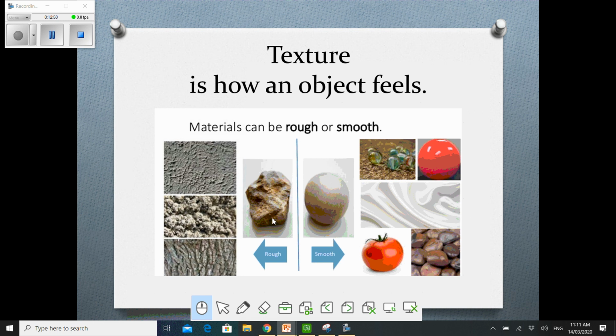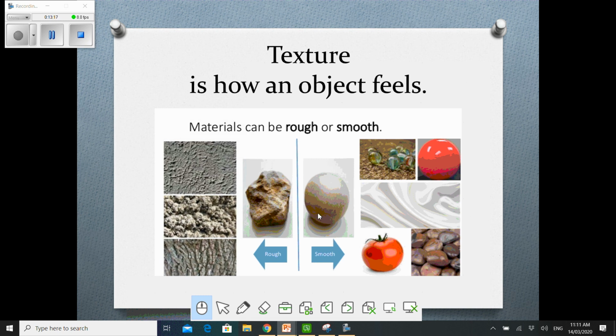Look at this rock and this rock. Both of them are rocks, but how can we compare them? The contrast: this rock is rough. If you touch it, you see here up, down, rough.